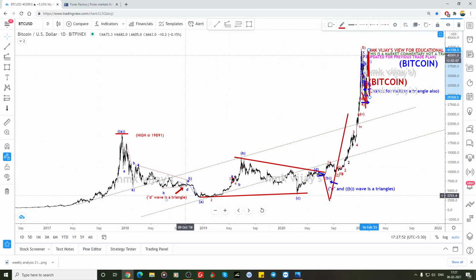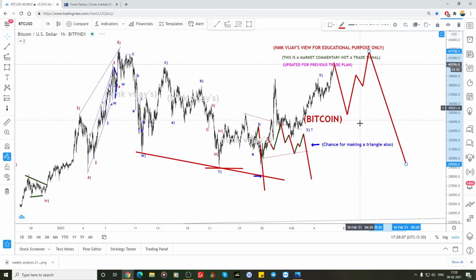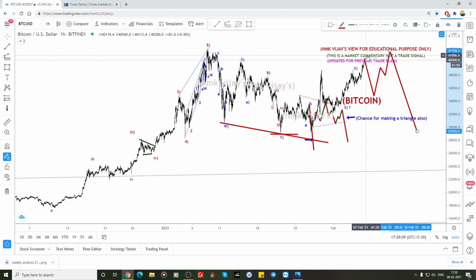So once this as an A, this as a B, C is completed. So whether it is making a W and the X is a little bit deeper, that we have to watch. So what is my conclusion now is whether it is going to drop like this and make one more high, or it could make a high to break above the high.